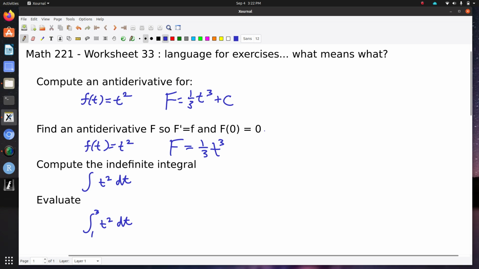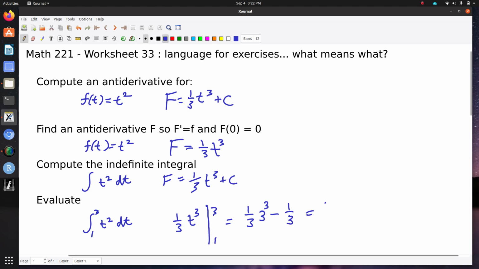Okay, what if you just want to compute the indefinite integral? Then you just do this same thing again with the plus c. And then to evaluate, you still do 1/3 t cubed, but you don't need the plus c anymore, and you want the upper and lower limit. So you want 1/3 of 3 cubed minus the lower end, 1/3 of 1 cubed, which is just 1/3.